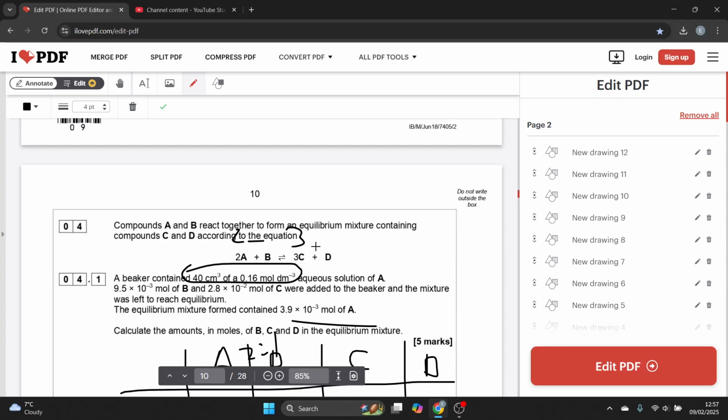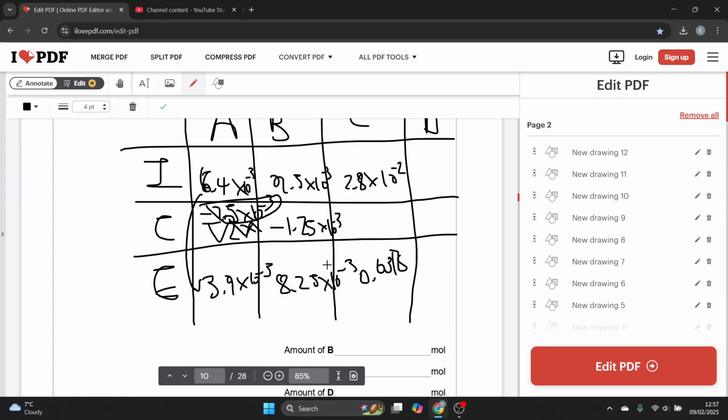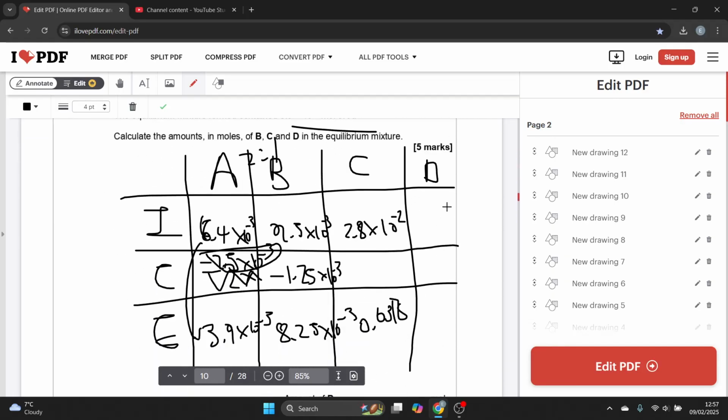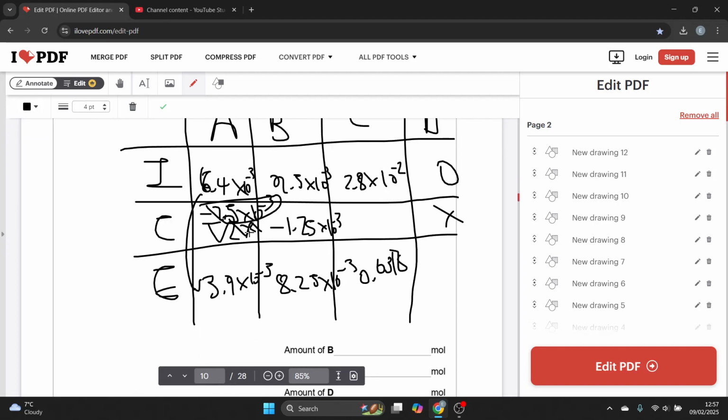And therefore for D it's just going to be that divided by 3. Actually no, it's not, because with D I start off initially 0, I add something to get to the final one, but I'm just adding 1.25 times 10 to the power minus 3.